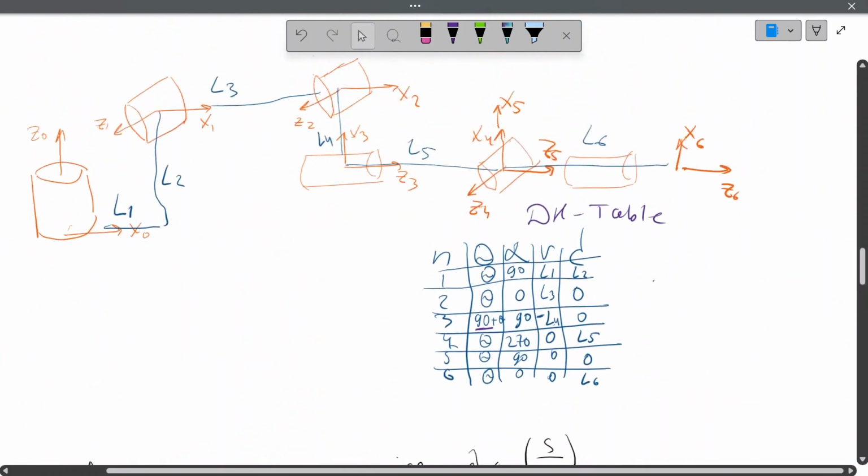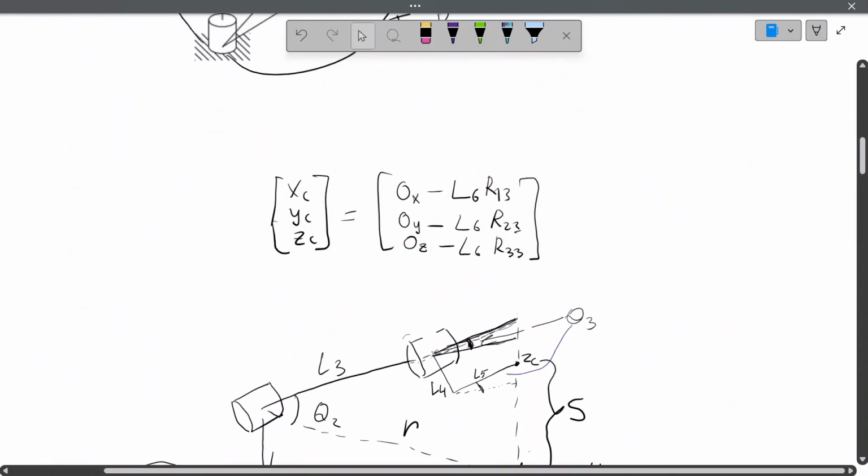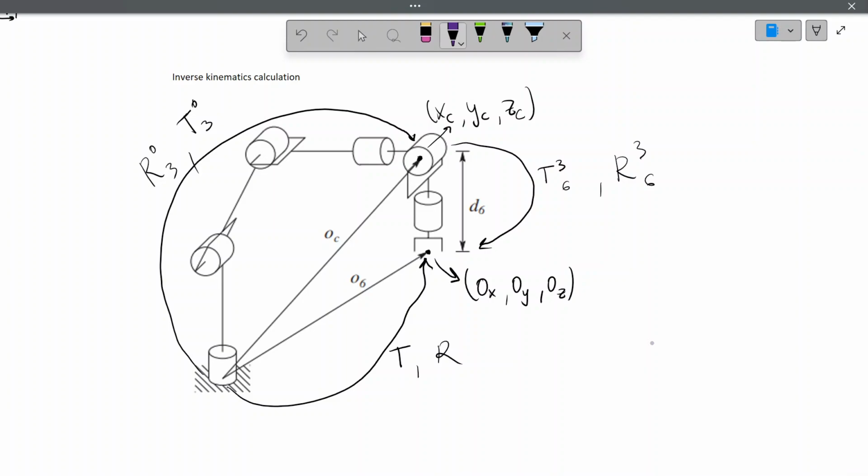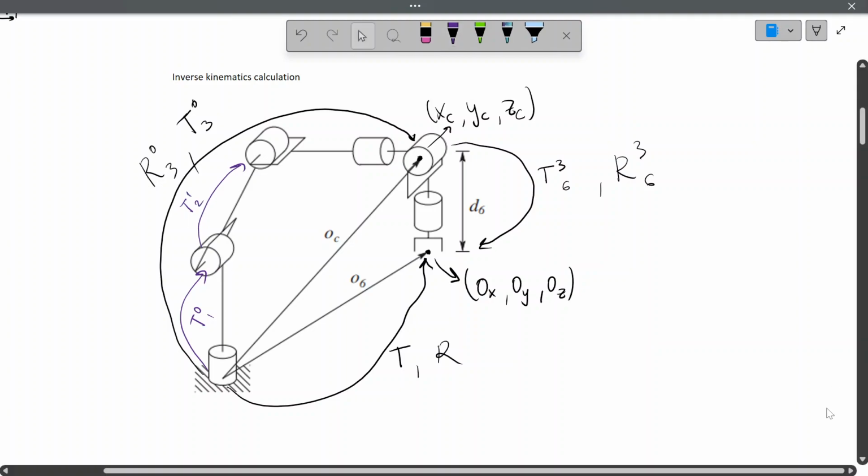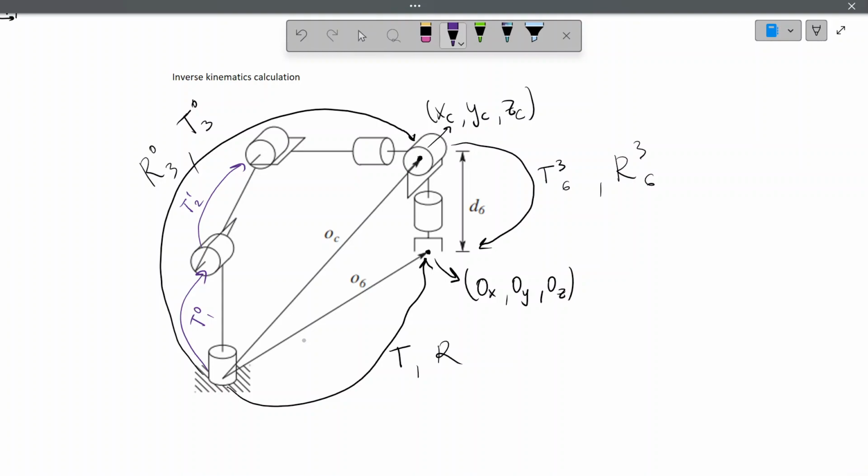For example, as we considered before, here will be the distance between these two, and these two will be t01. Here will be t12, and so on. So multiplying them with each other, we can find the coordinates.